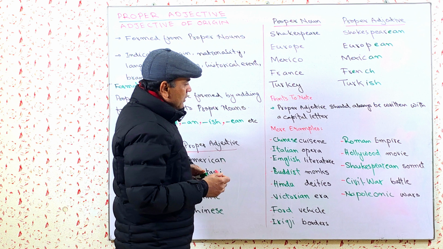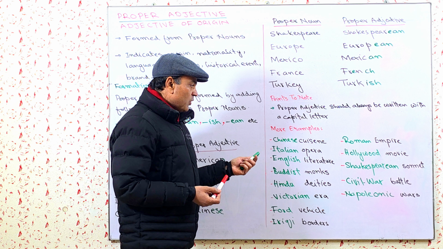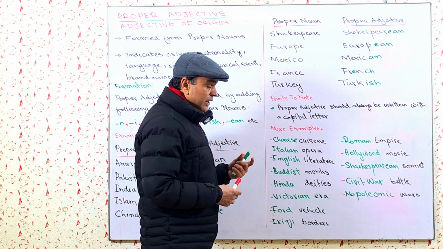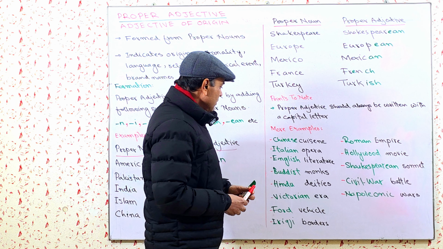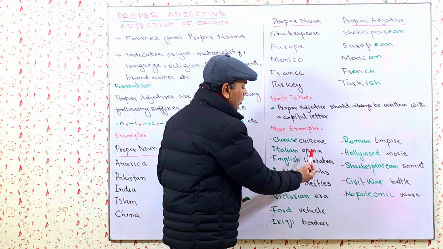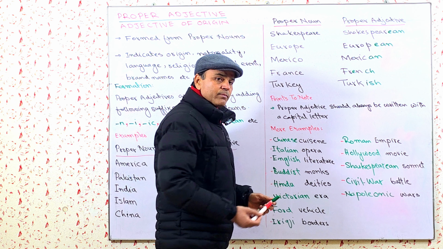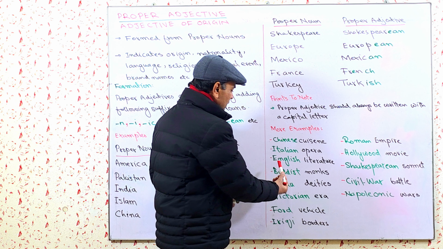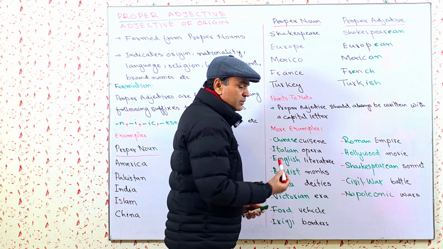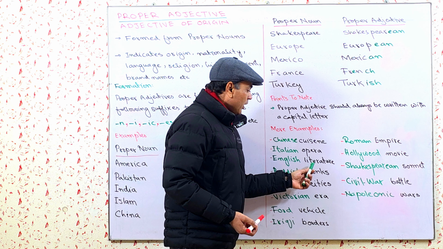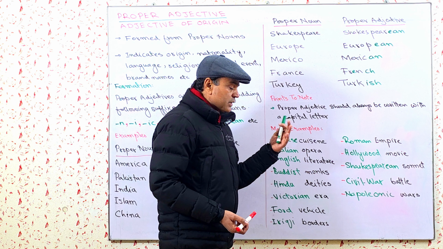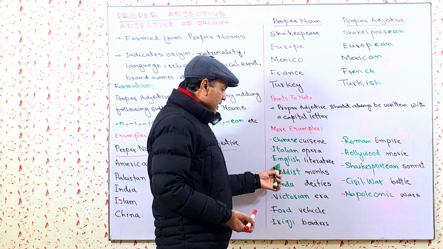Cuisine of what place? Of China. What origin? Of China. Italian opera. Here, Italian tells us the origin of opera. English literature. Here, we are talking about literature, and what kind of literature? English literature.